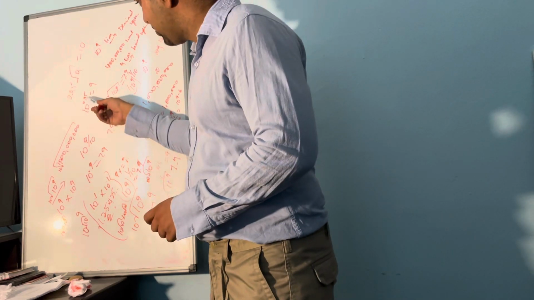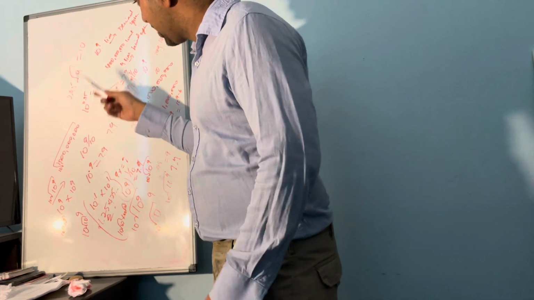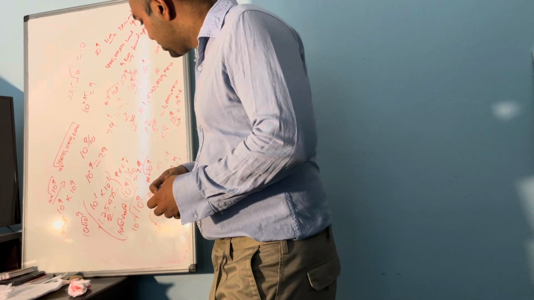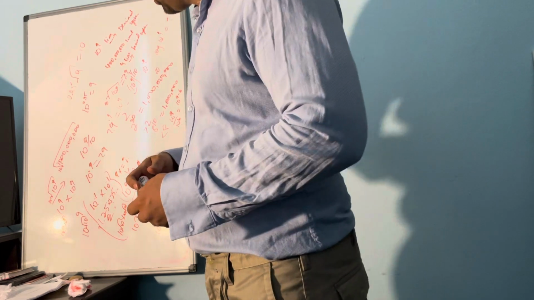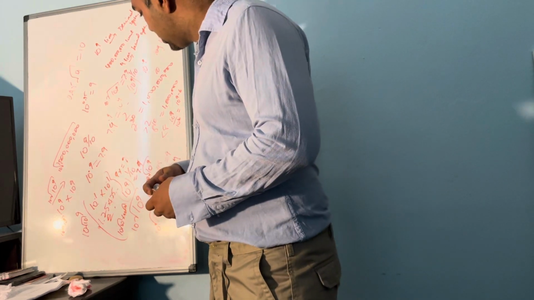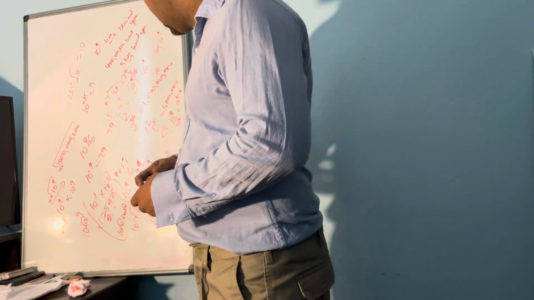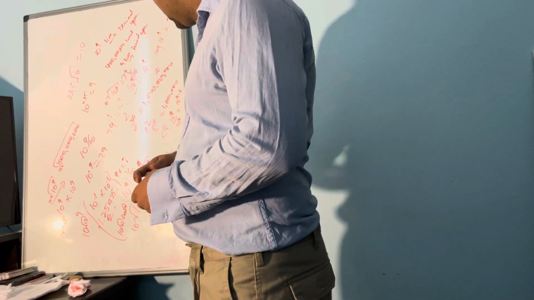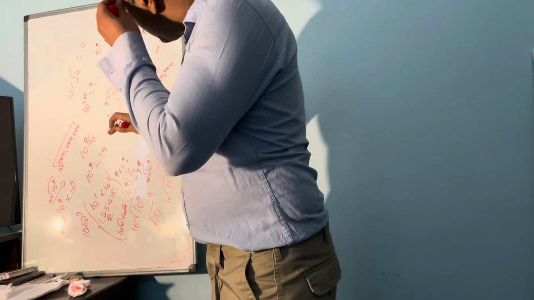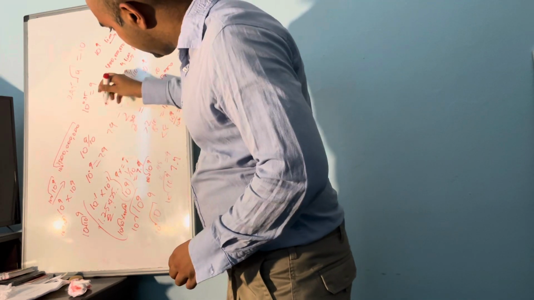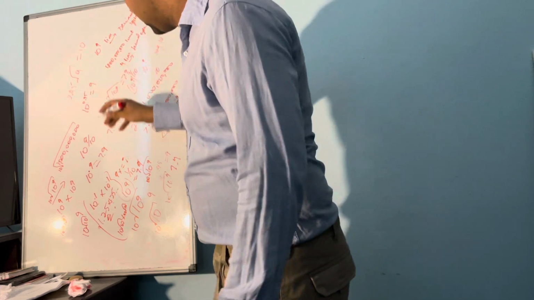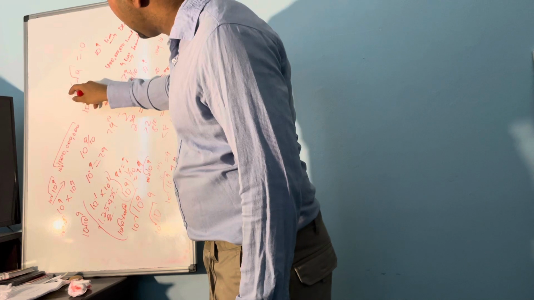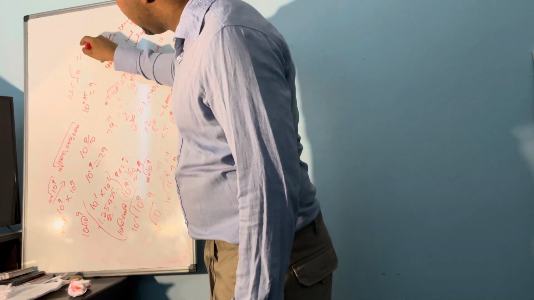10 to the power of 0.95 is equal to 9, and that means that... no, right. So let me start this over. If we use this, the 0.95 root of 9 equals 10.